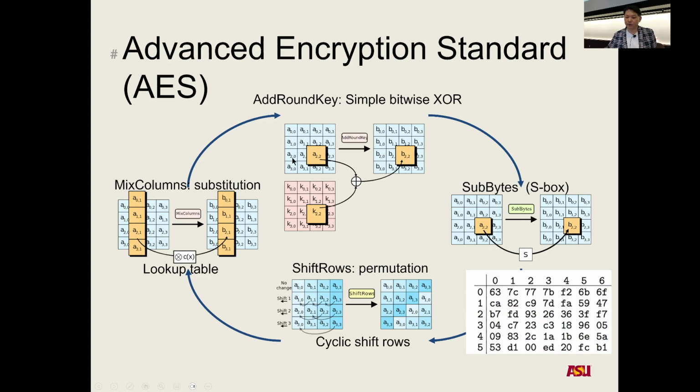We call the input plaintext the state. The state is a byte matrix, 4 by 4. That means 16 bytes. Again, the input size is 16 bytes in AES. Okay, 16 bytes. If the text doesn't have 16 bytes, how can we do that?